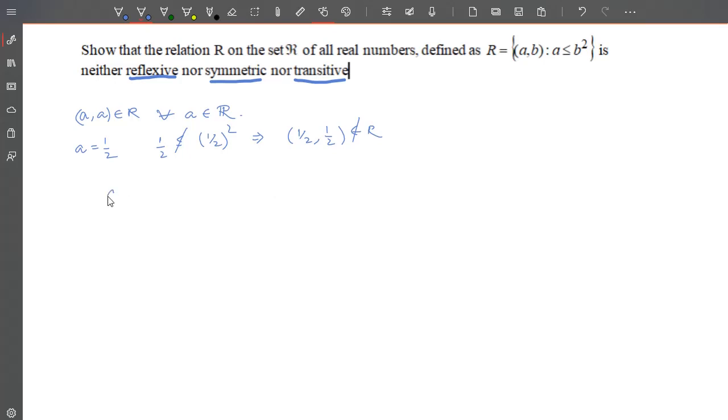We can write this like (a, a) doesn't belong to R for a belonging to -1 to +1, except 0. Okay, so this shows the relation is not reflexive.